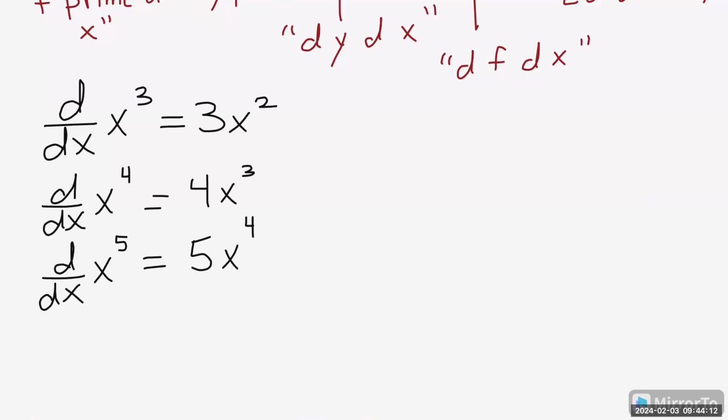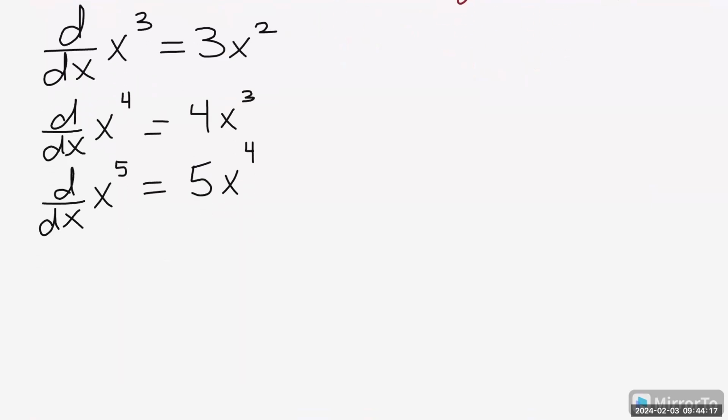What I'm hoping is that maybe you see a pattern at this point. Take a moment and guess what you think I'm going to write for the derivative of x to the sixth. I'll give you a moment. Did you guess this? If you did, you're correct, and you have figured out the pattern.